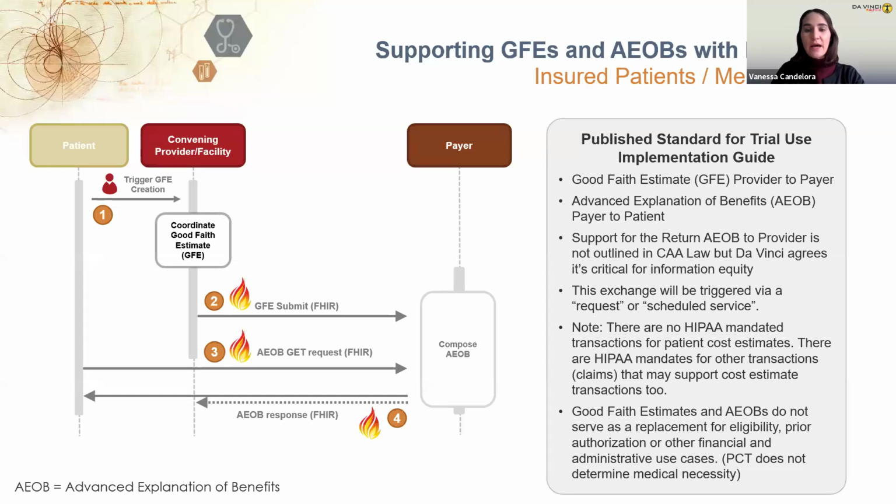But this is a FHIR good faith estimate and a FHIR advance explanation of benefit to a patient. And then that advanced explanation of benefit, we also support a return to the provider, which is not mandated part of the law. It's not in regulation. Regulation hasn't come yet. But the Da Vinci community felt it was really critical for information equity.